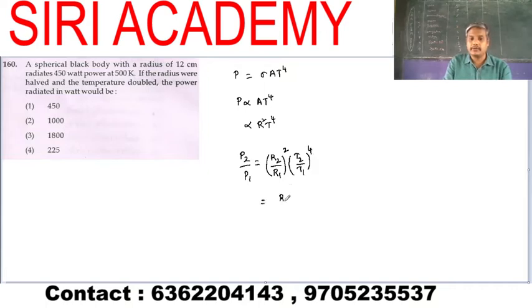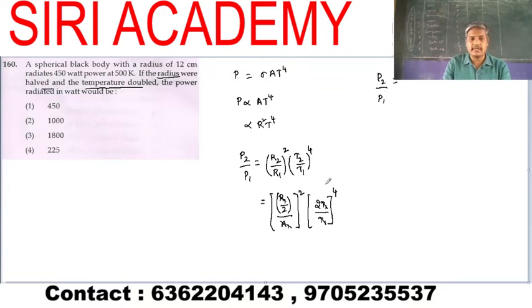The radius is half, and the temperature is doubled, so 2 T1 by T1 whole power 4. R1 gets cancelled, T1 gets cancelled. So P2 by P1 is equal to 1 by 4 into 2 power 4, which is 16, so 4 fours.